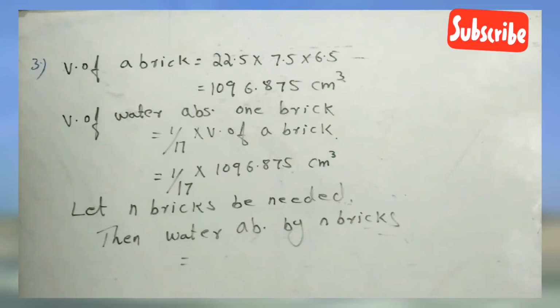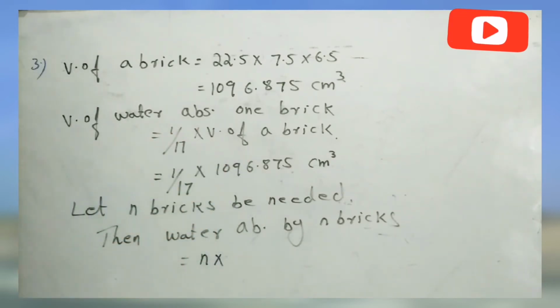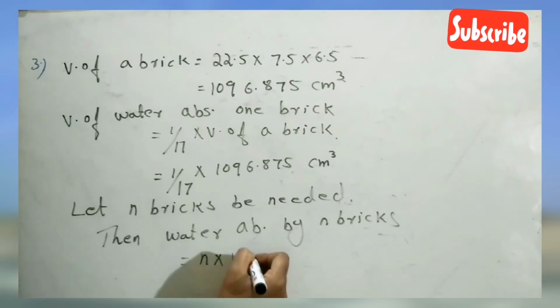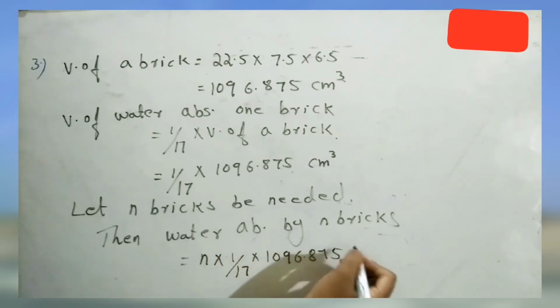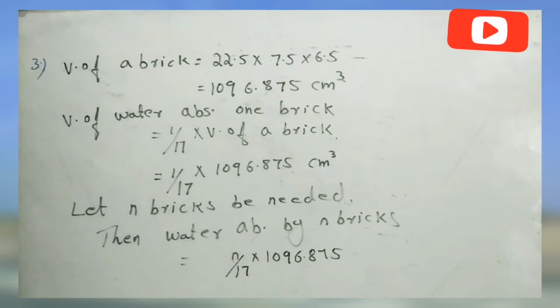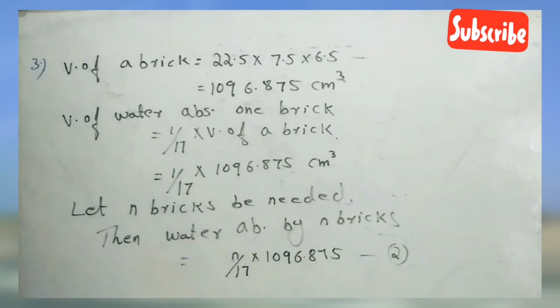That will be n into the water absorbed by one brick, that is n into 1/17 into 1096.875. We can write it as n/17 into 1096.875. Put it as equation number 2.